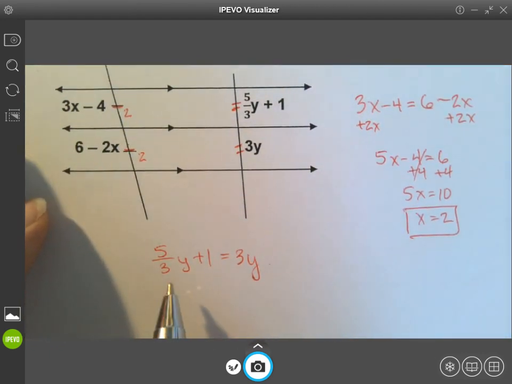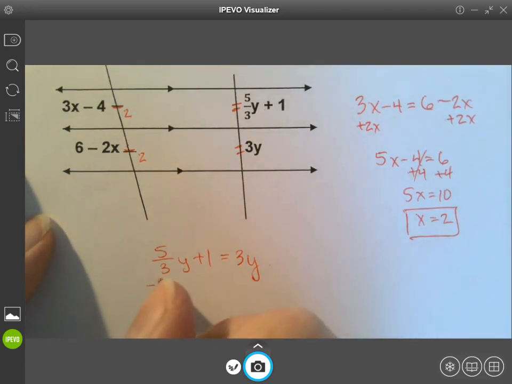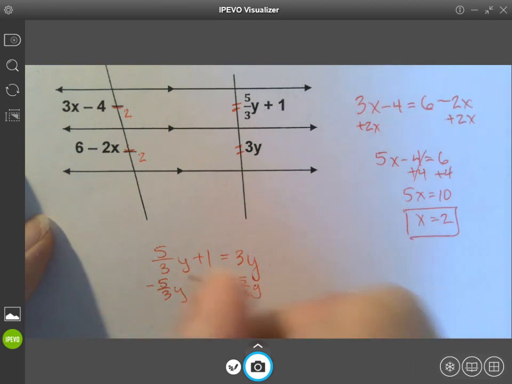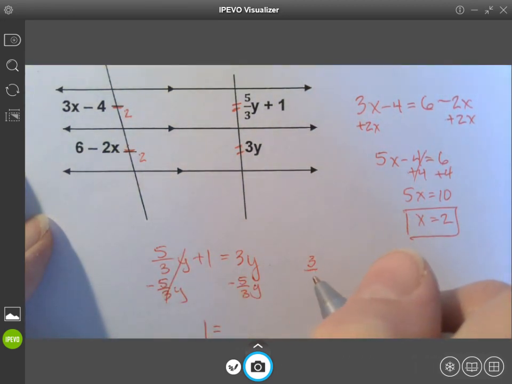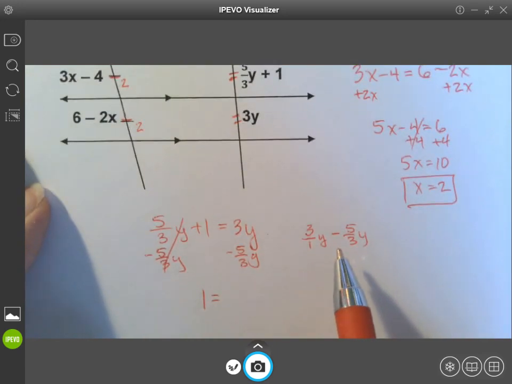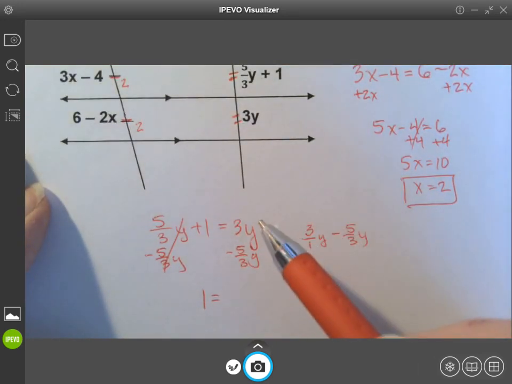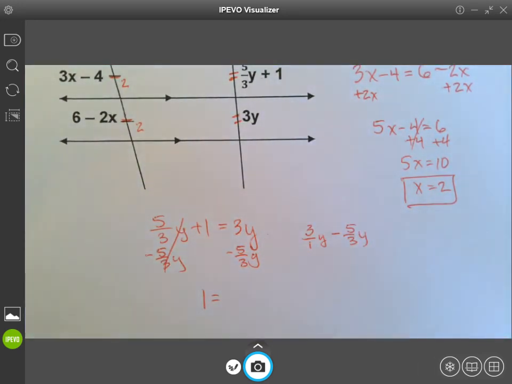Okay, now I know it has a 5/3 y, and that's going to bother you, but you're going to subtract it. You have a calculator, so you're welcome to use that. Just to show you how to do fractions again, just in case you're interested. Do you remember that you need a common denominator? So again, you could just type in the calculator 3 minus 5/3. I guess I'll show you that first.